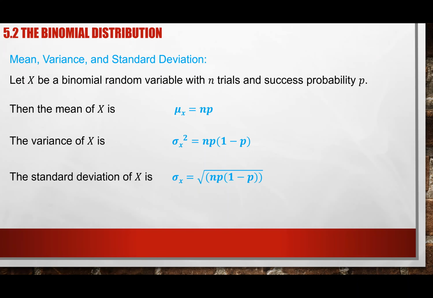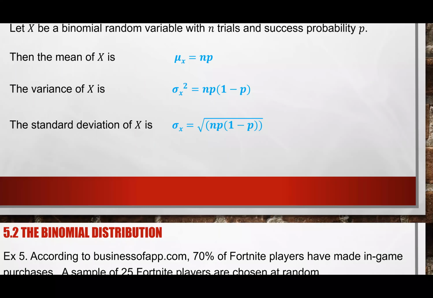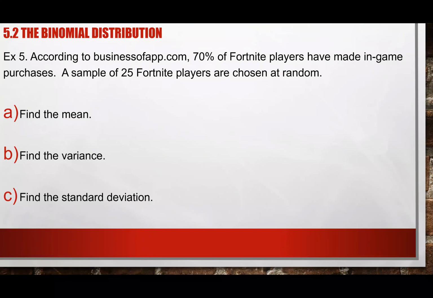Looking at this, hopefully you see that the calculation is easy, right? I use the same Fortnite data again. According to businessofapp.com, 7% of Fortnite players have made an in-game purchase, right?